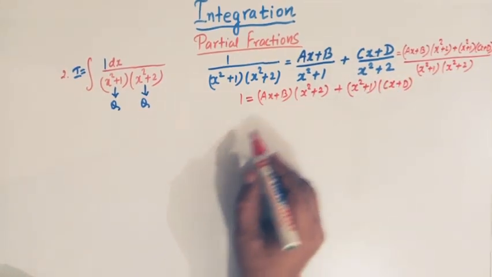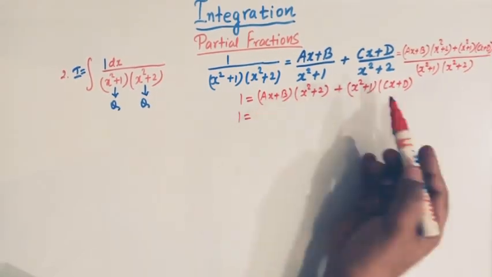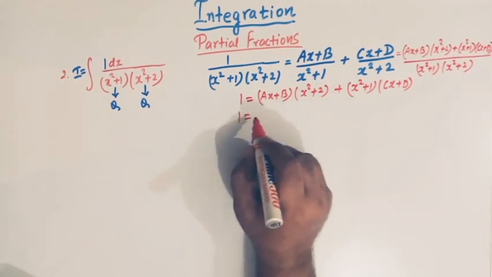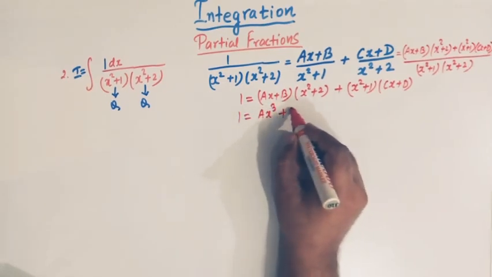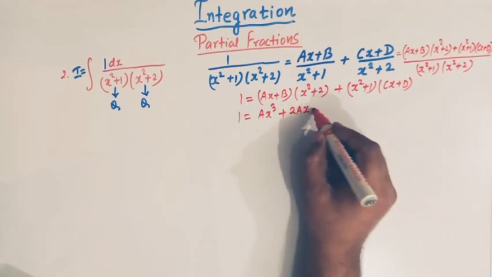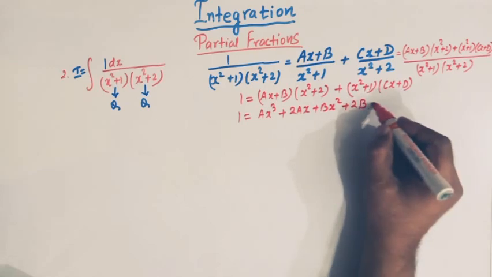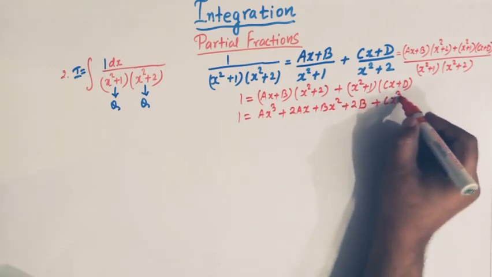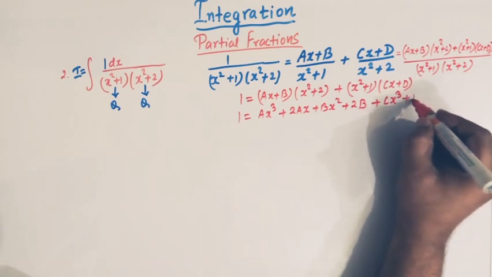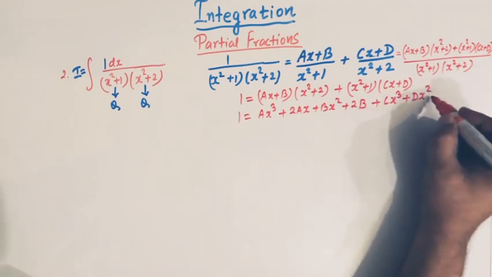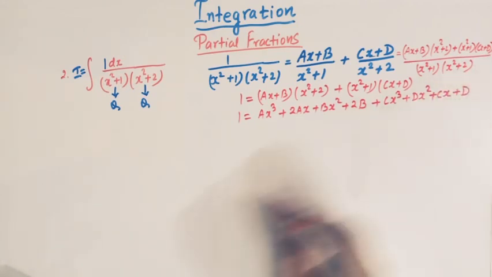Now let us multiply and rearrange the terms. So we have ax cube, then 2ax and bx square plus 2b. Here we have cx cube plus dx square plus cx plus d.